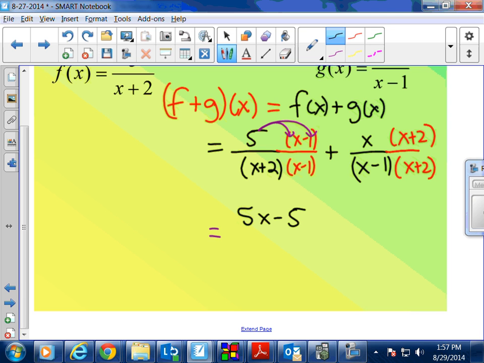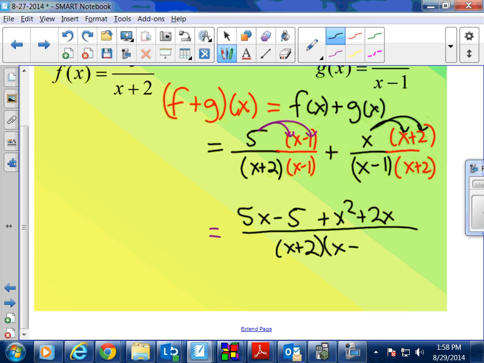Then over here, I'm going to distribute on this side as well, so I'll get plus x squared plus 2x. Now I'll be able to put this all under a common denominator, which is x plus 2 and x minus 1. There's my common denominator.